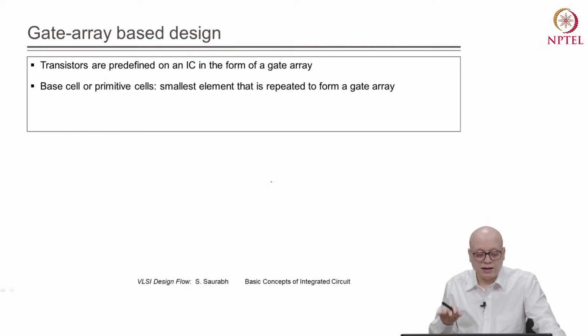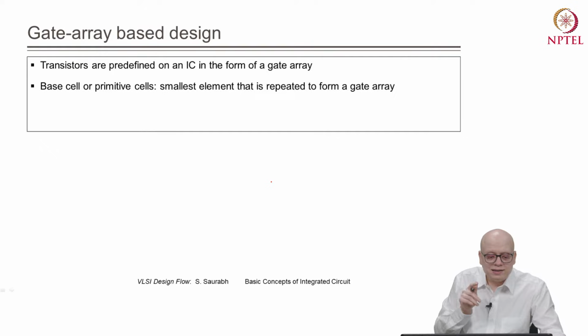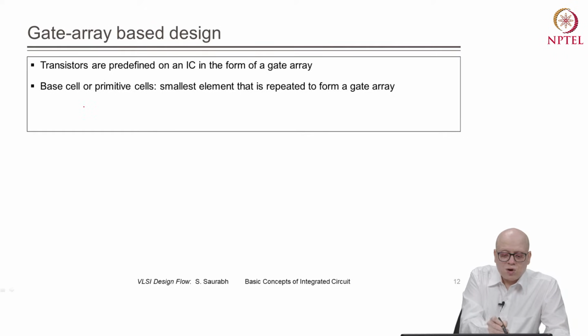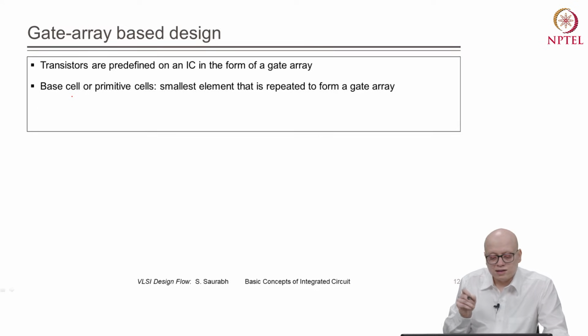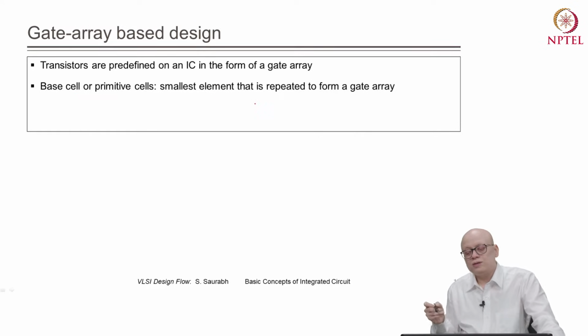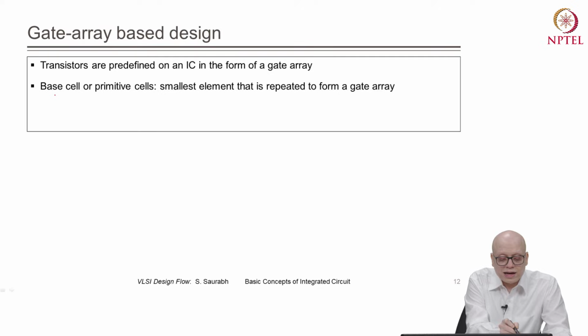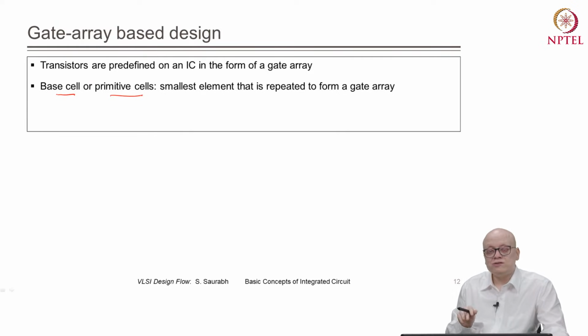That is predefined. In a gate array based design, the smallest element that is repeated to form the gate array is known as a base cell or primitive cell. These base cells or primitive cells are pre-placed on the layout.